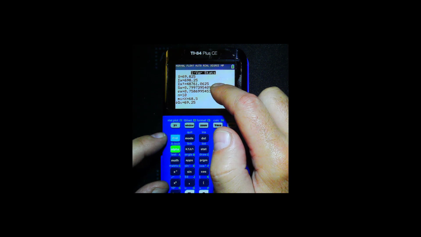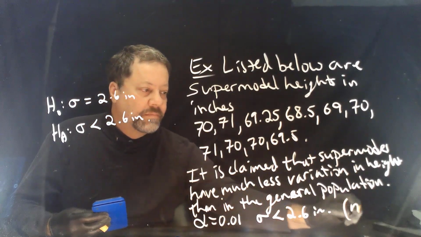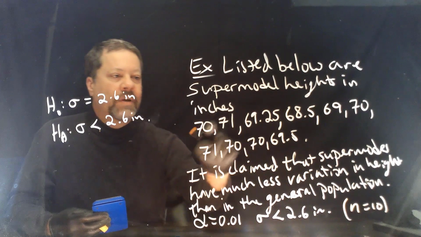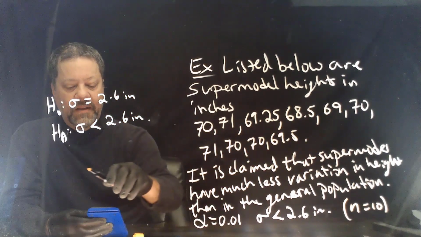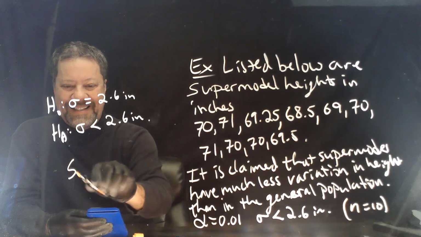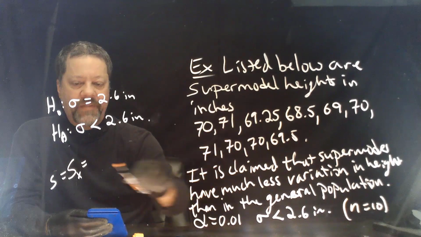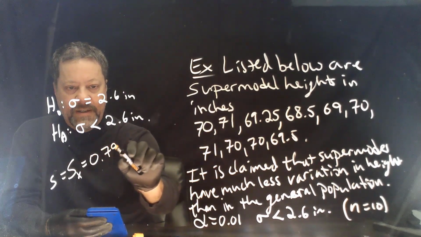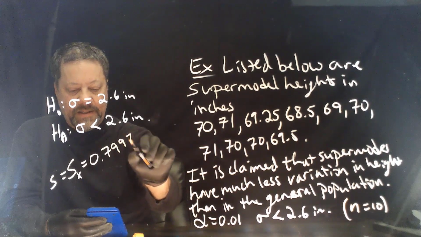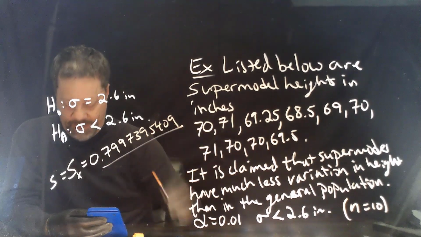That's the value that we want to use in testing this statistic. There are 10 values. It gives me an Sx value, which is the sample standard deviation that I seek. It says it's 0.7997395409, some outlandish number.